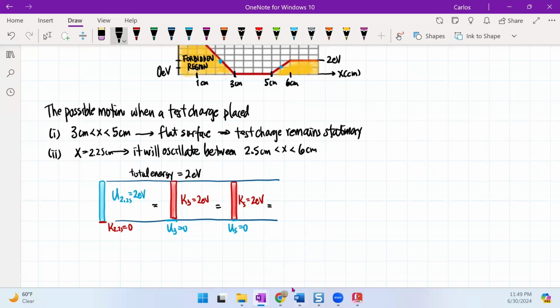So all of a sudden, I have a potential value at 5.5 that equals 1 electron volt, which tells me that the kinetic energy at 5.5 is equal to 1 electron volt as well.